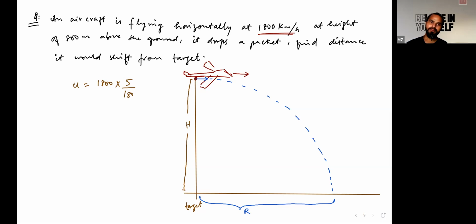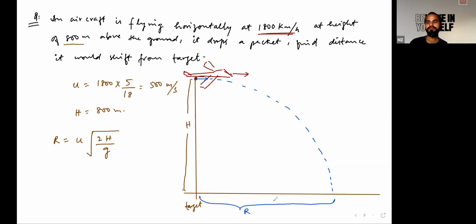It will give you meters per second. So velocity would be 500 meters per second. Now the next term is height, which is 800 meters. We have a relation for range: u times root under 2h by g. Just put in all the values and try to solve.